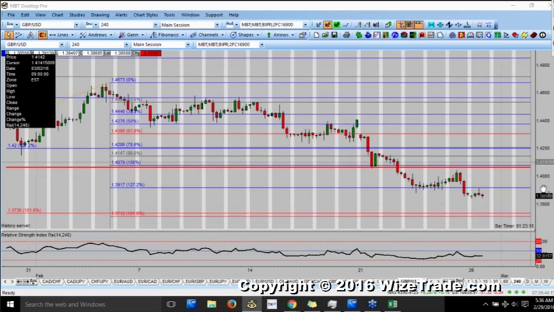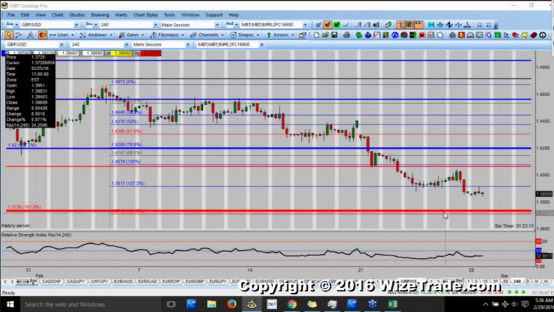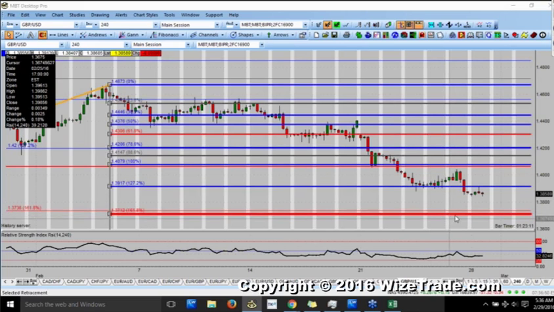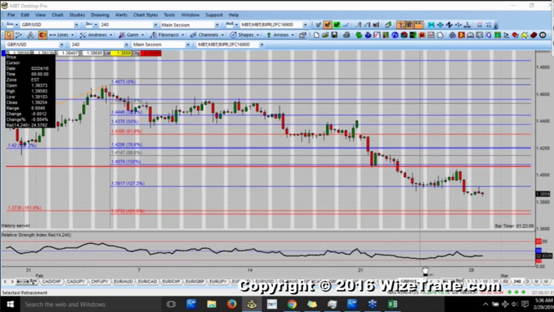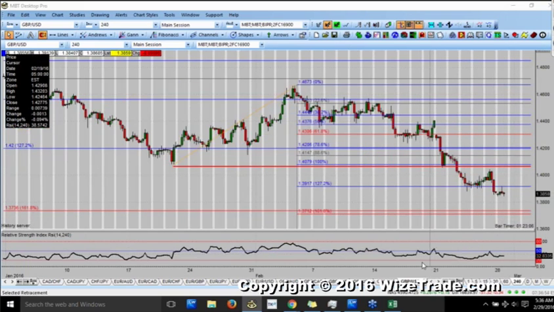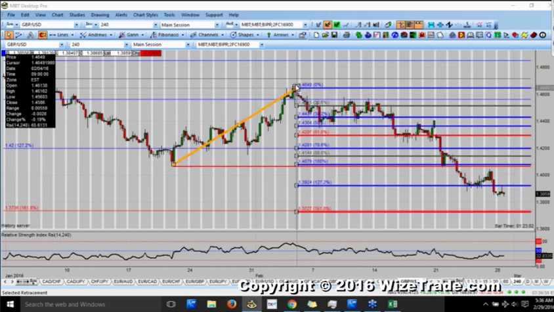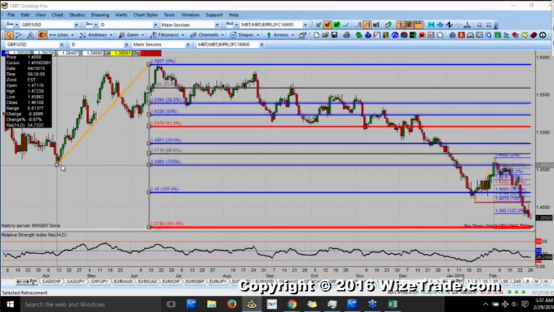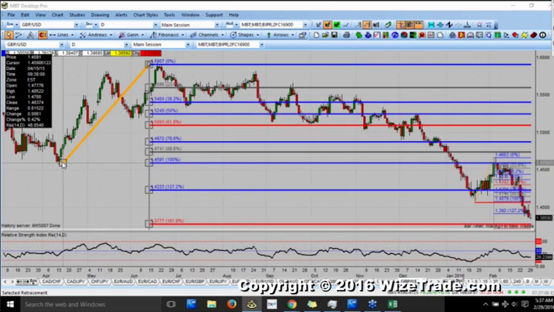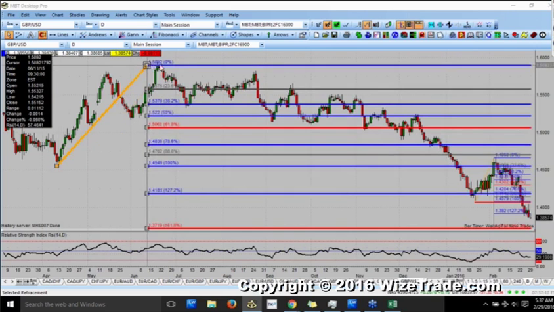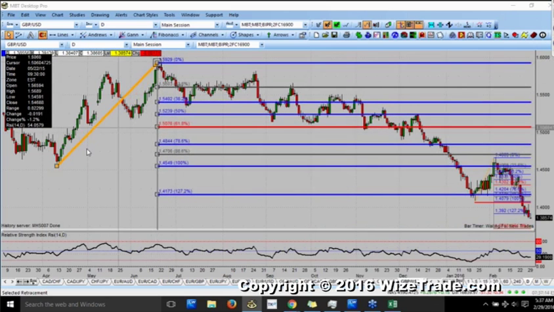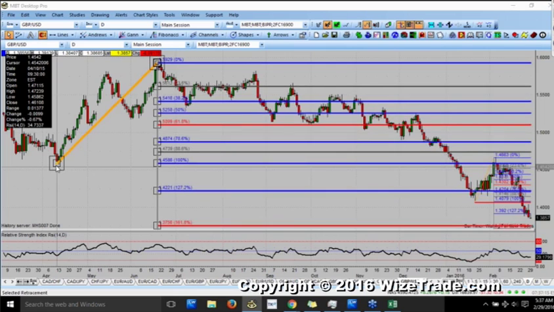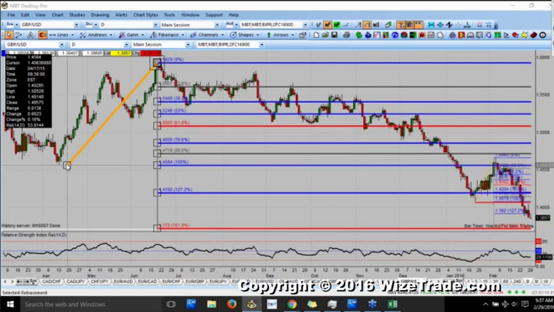You know, I still think that a move down to 137.20 is very doable. Okay, it's a 161% extension here of this move, low to high.